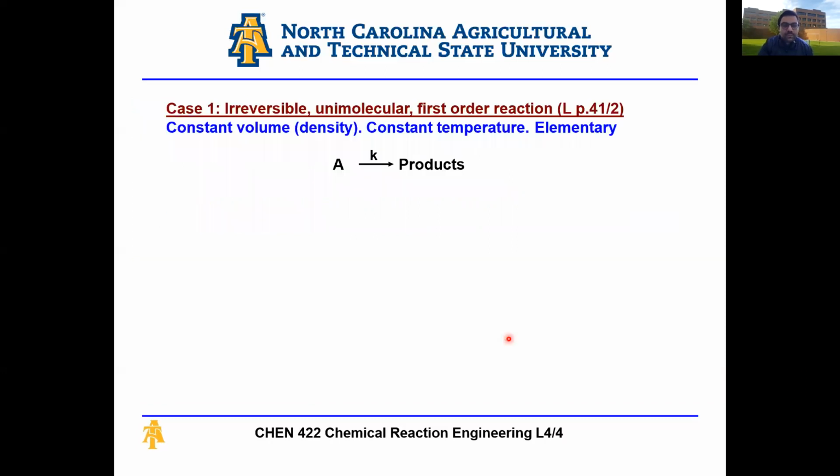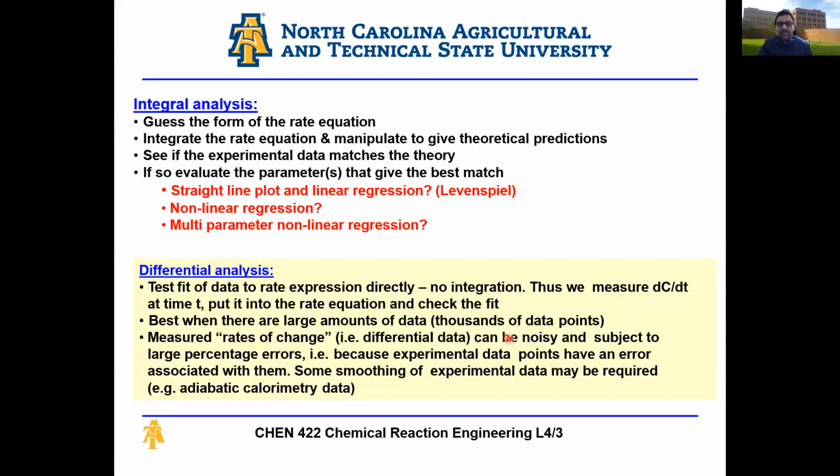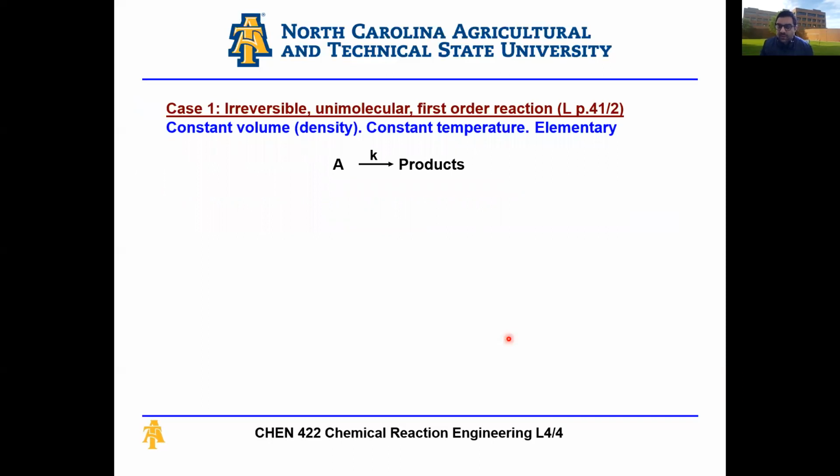Okay. So when it comes to integral analysis, we have a bunch of cases. You have experimental data, and you want to compare it versus some set of kinetics. So you need to compare it versus these 7 or 8 cases, which I'm going to talk about.